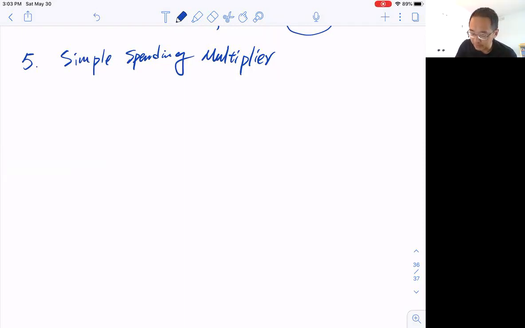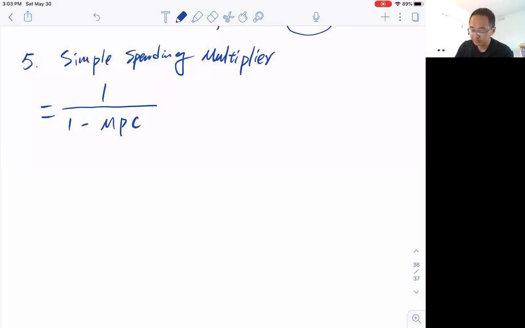So the equation for the spending multiplier is 1 divided by 1 minus MPC. MPC is your marginal propensity to consume. In fact, MPC is going to be the single most important piece of information that you're going to need for the next many chapters and units. So make sure you understand what it is and how it works, okay?